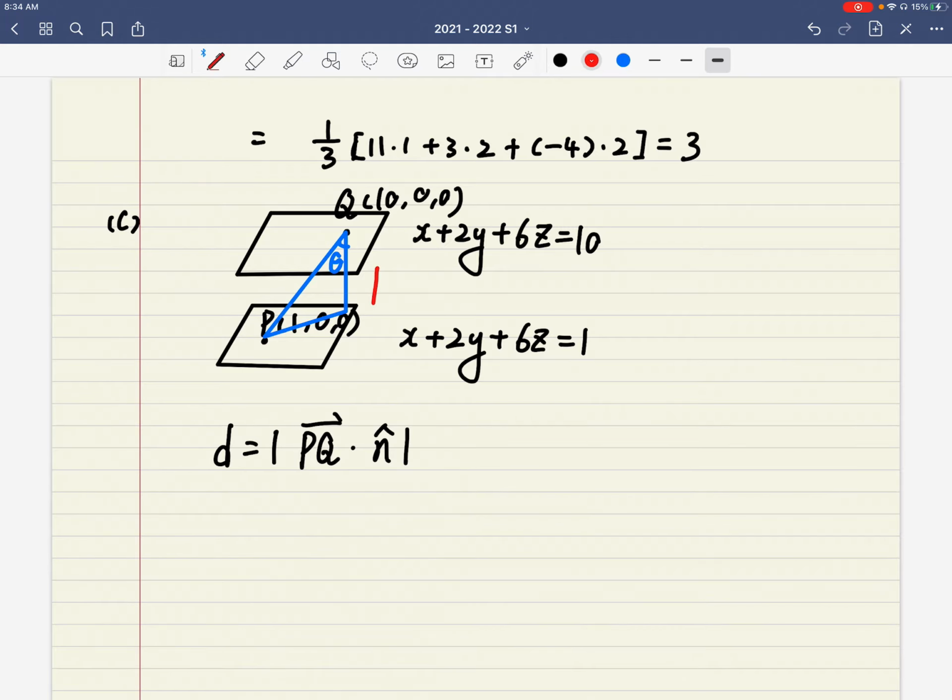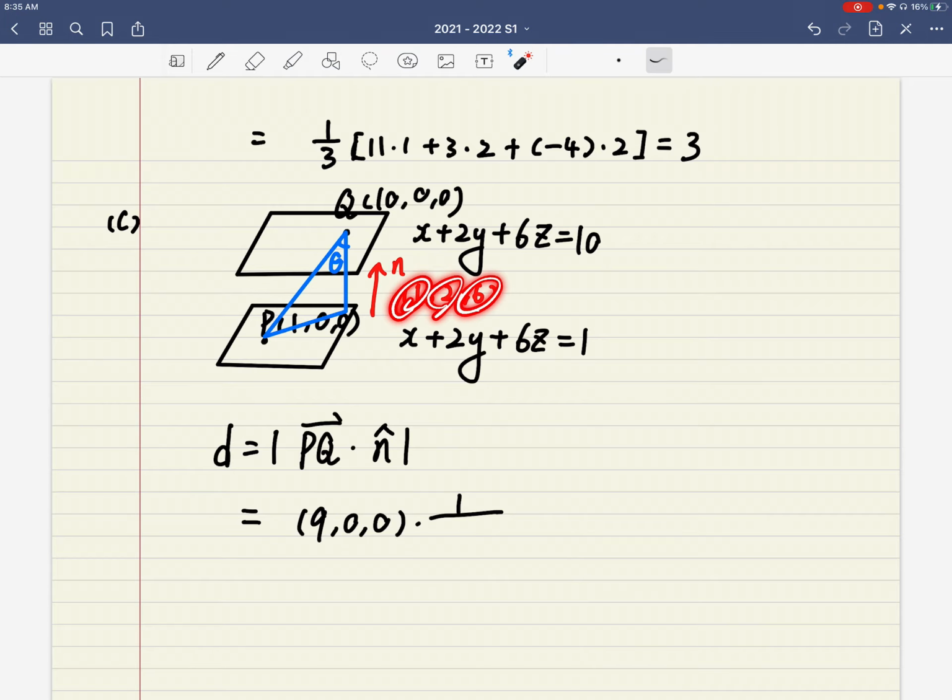What's a normal vector? What's a vector that is perpendicular to both? It is 1, 2, 6. So what is PQ? PQ is just Q minus P, so it's 9, 0, 0. Dot product with 1 over the square root of 1 squared plus 2 squared plus 6 squared, which is the square root of 41, times 1, 2, 6.